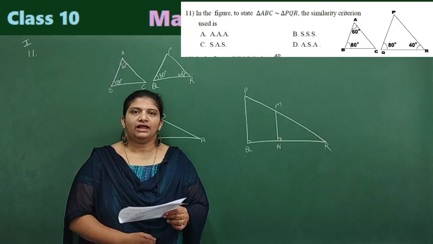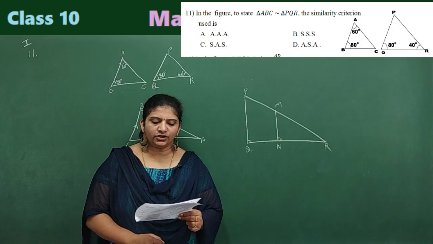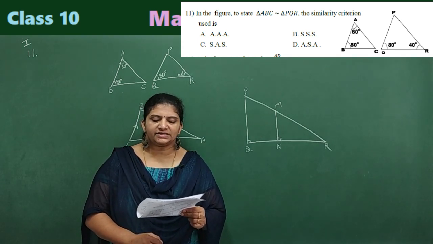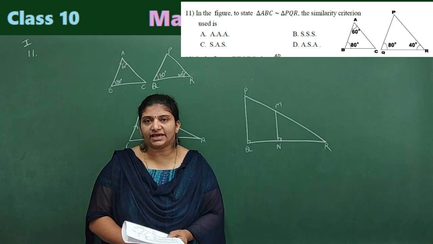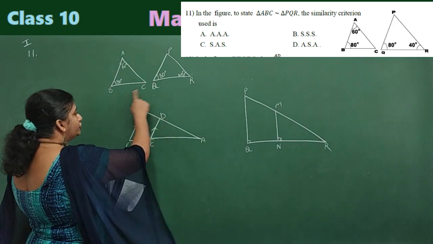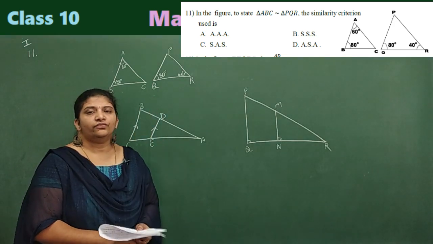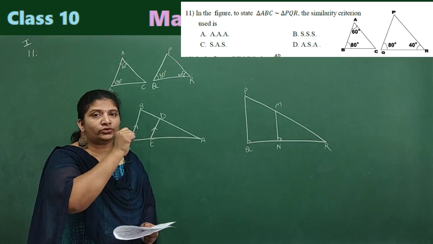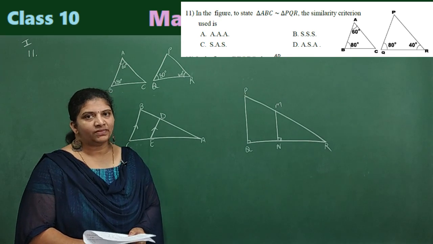11th one. In the figure, to state triangle ABC similar to triangle PQR, the similarity criterion used is, observe here, two triangles given. What is the similarity criterion you use to prove the two triangles similar?